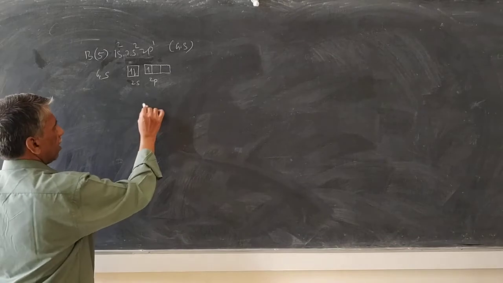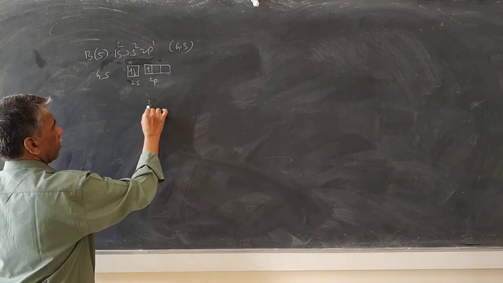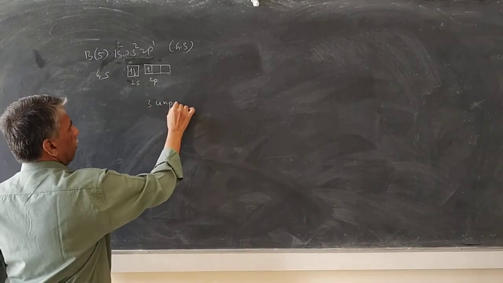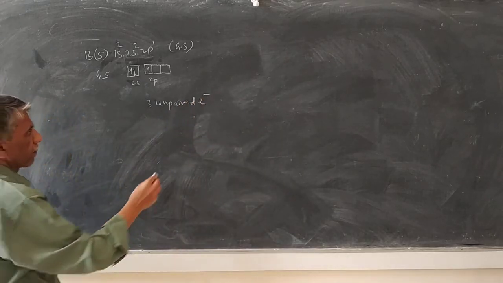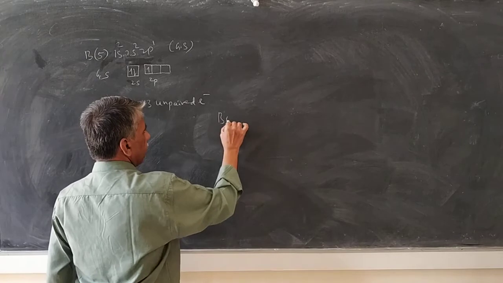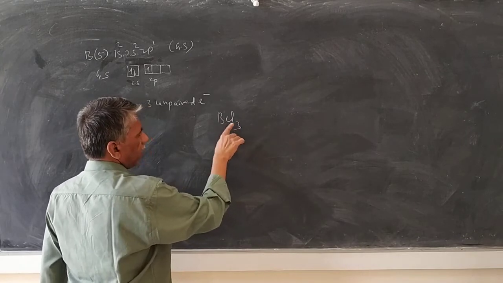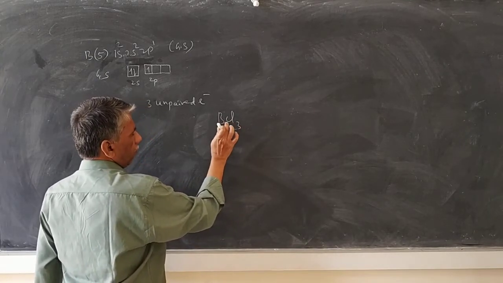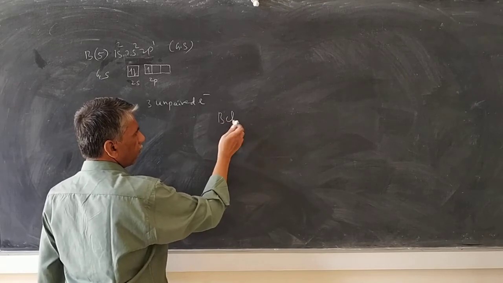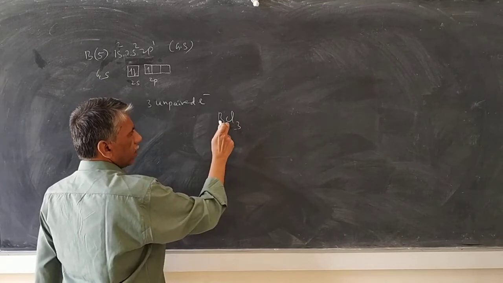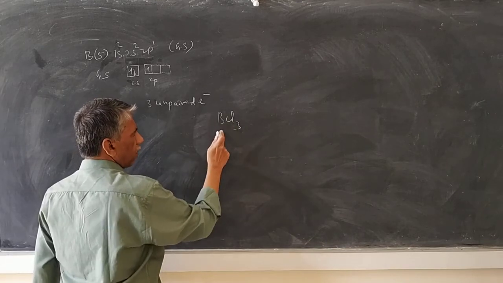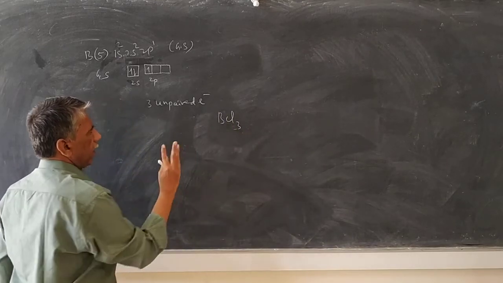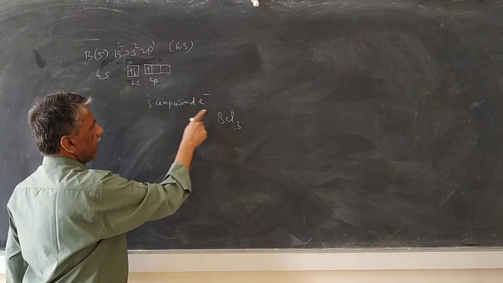But I require 3 unpaired electrons. Why? In BCl3 I have 3 Cl atoms. So if these 3 Cl atoms want to combine with boron, this boron should contain 3 unpaired electrons.